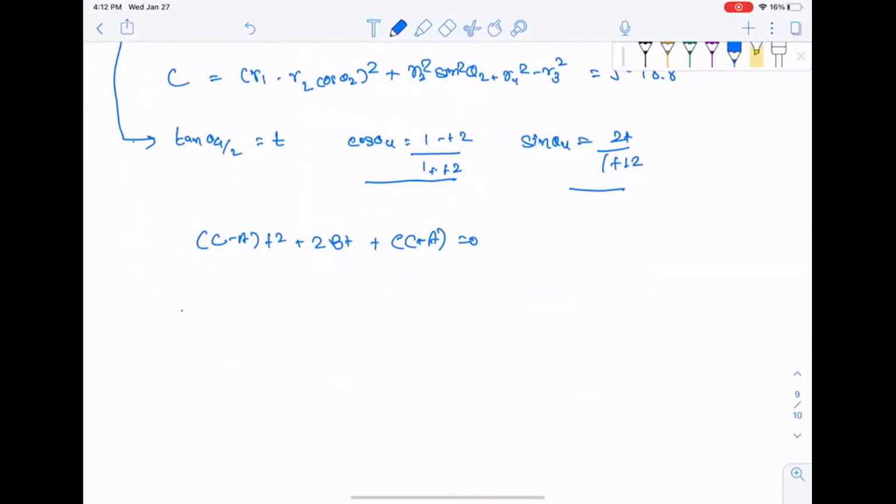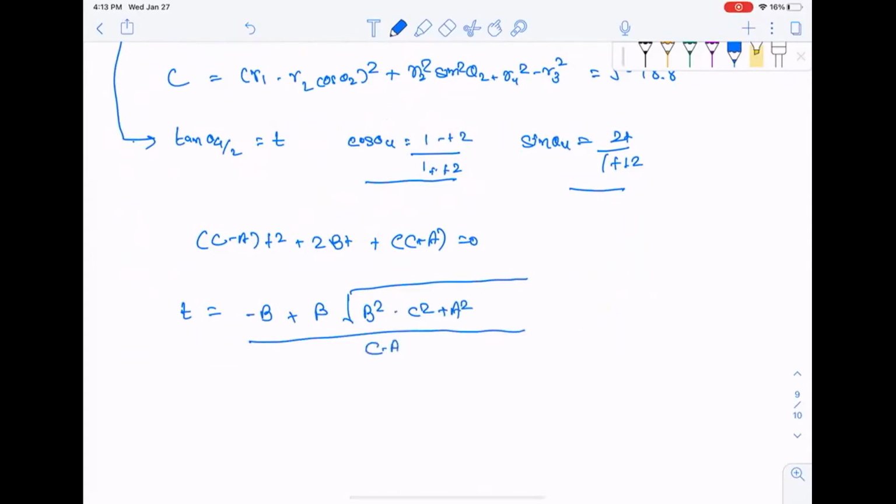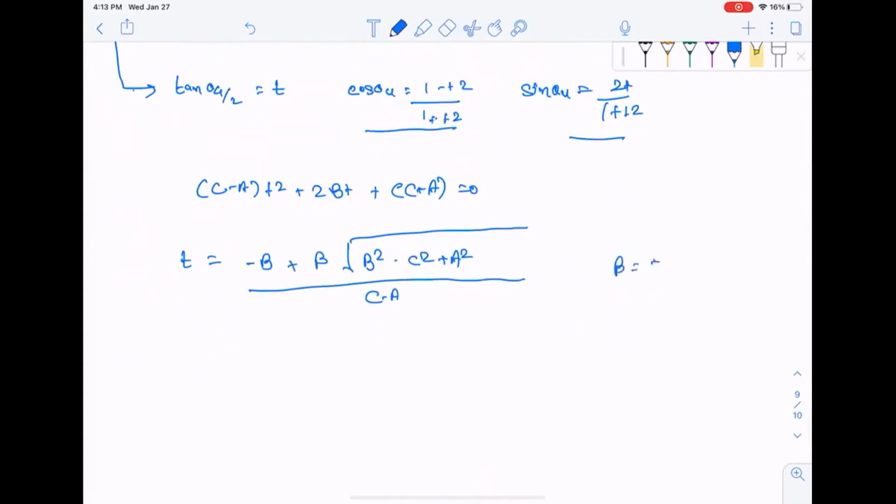That will be t is equal to minus b plus beta square root of b square minus c square plus a square, upon c minus a. And value of beta will be plus 1 and minus 1.